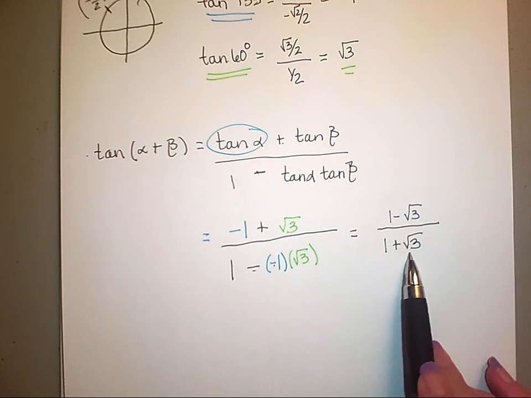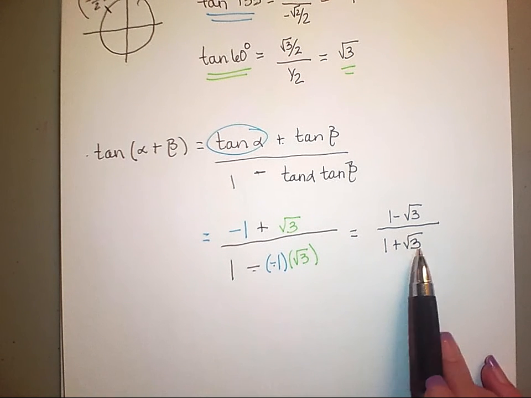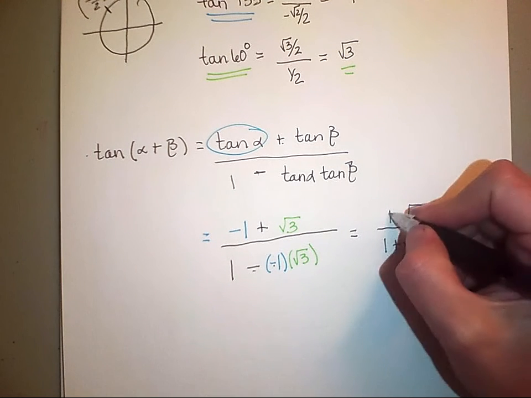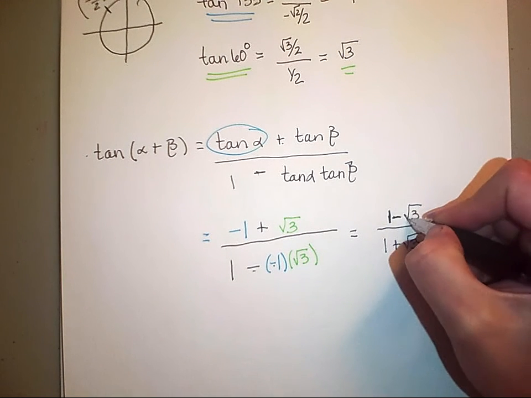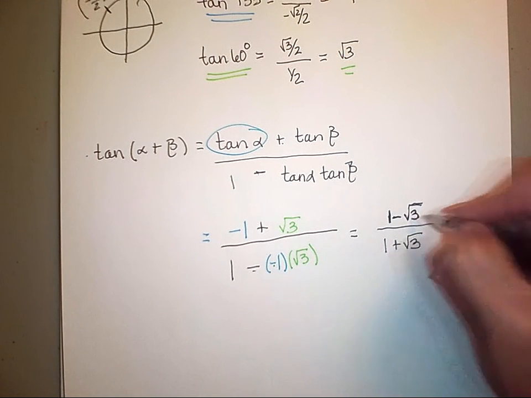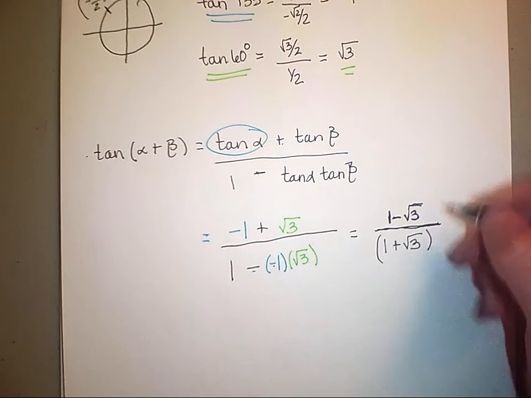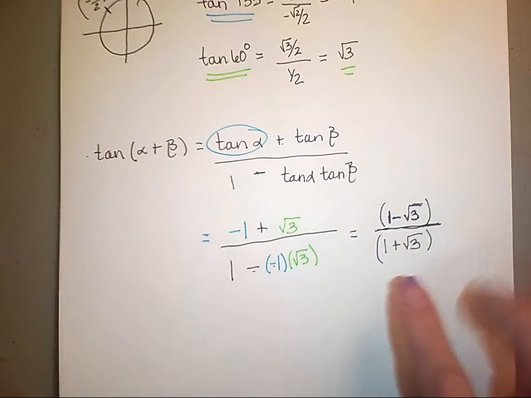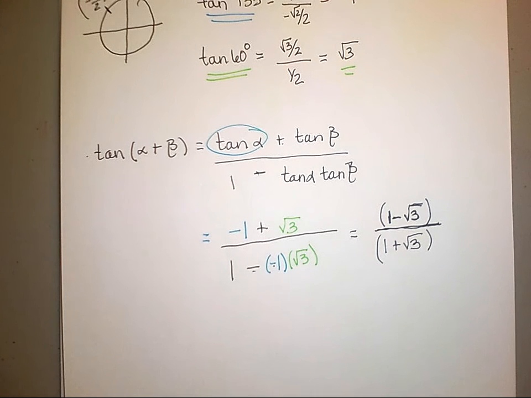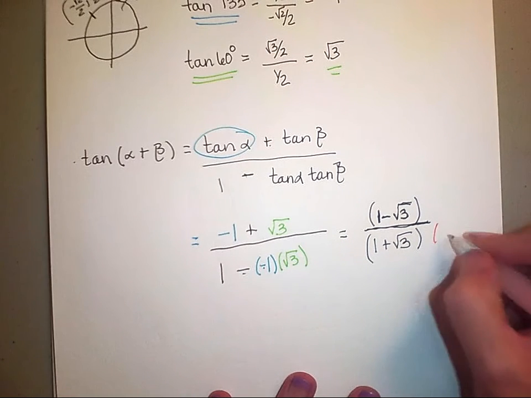Now, if there wasn't a radical in the denominator, we'd be done. But we need to rationalize this denominator. Let me remind you how we rationalize denominators. We have two terms here, so what we need to multiply by then is the conjugate.